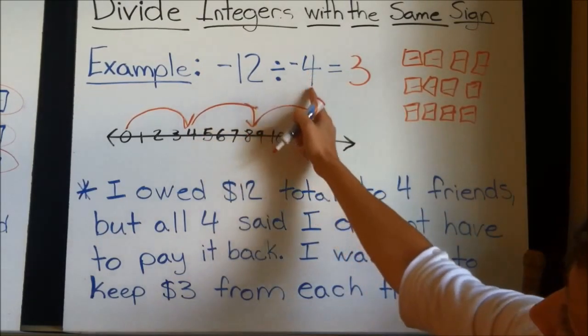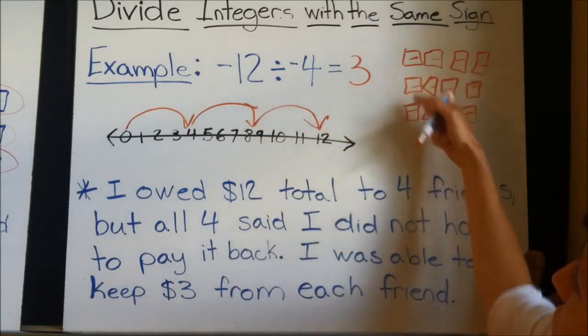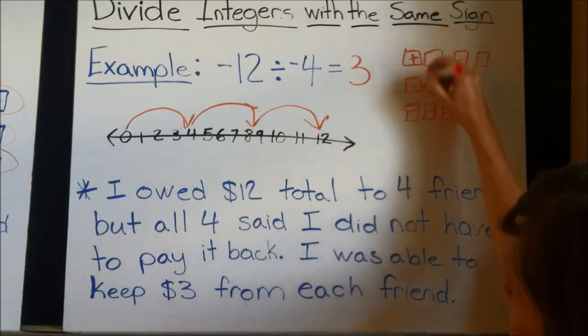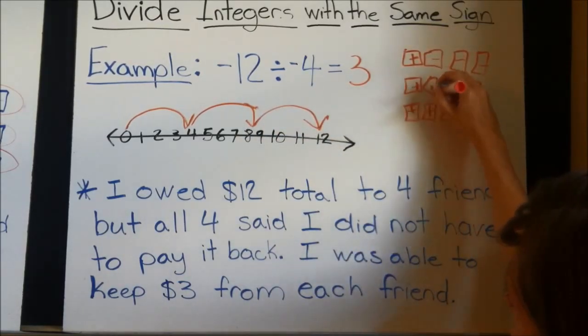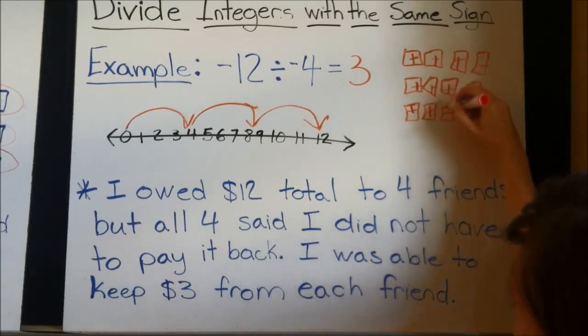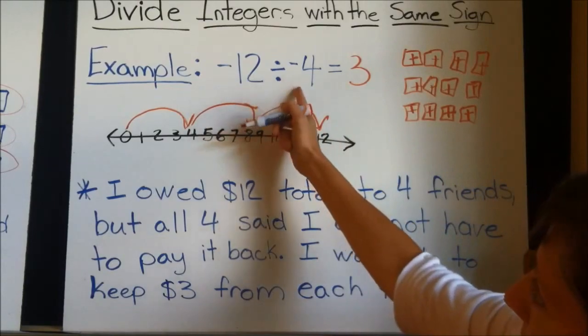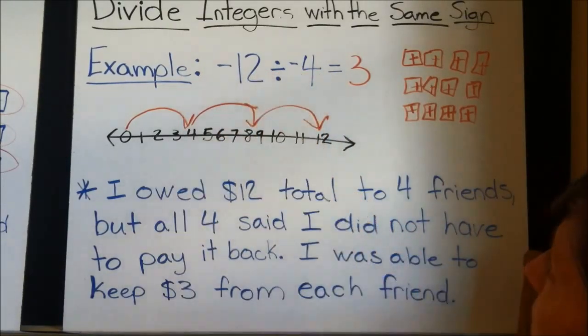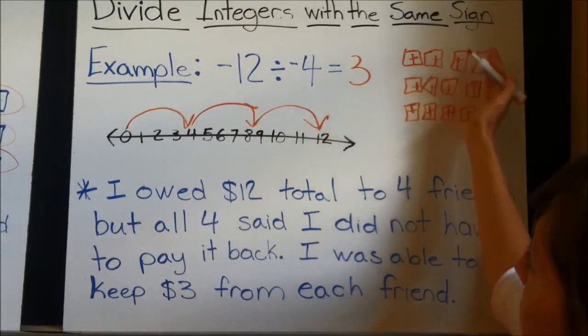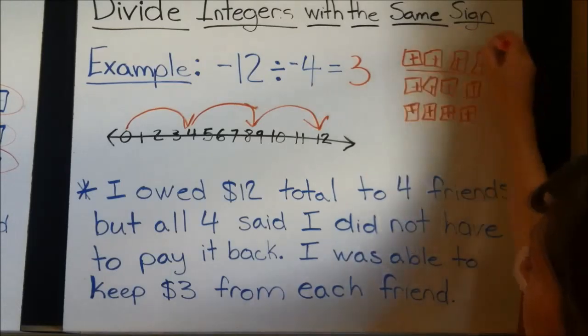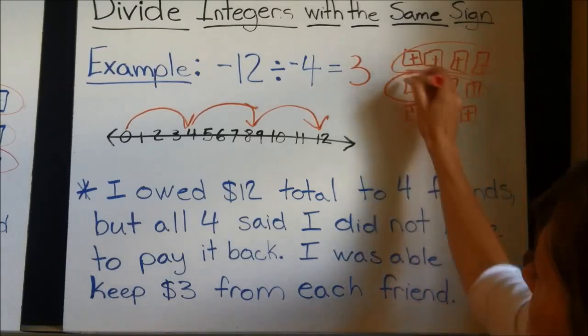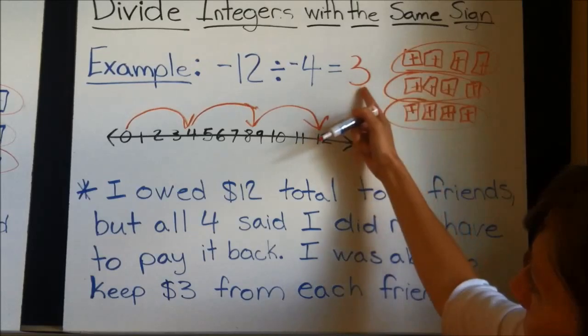But when we turn around and divide by a negative 4, that changes these. I have to flip them to positives. Because a negative divided by a negative, the 2 negatives cancel out. I'm going to put 12 into groups of 4. I get 1 group, 2 groups, 3 groups, and my answer is 3.